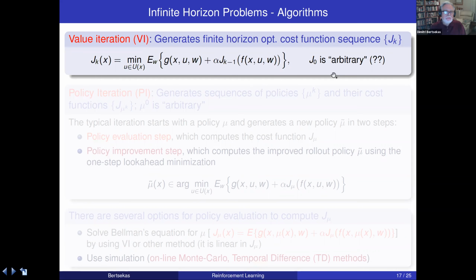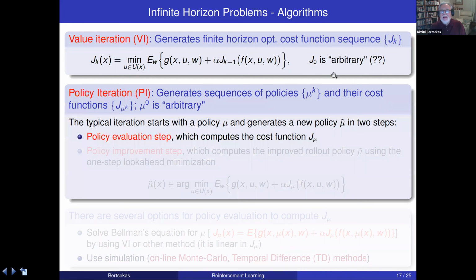The second algorithm, and the one that's actually more relevant from the point of view of reinforcement learning and approximations, is policy iteration. Policy iteration, as you may remember, is used for offline training of the AlphaZero program. Policy iteration generates not a sequence of cost functions, but rather a sequence of policies.